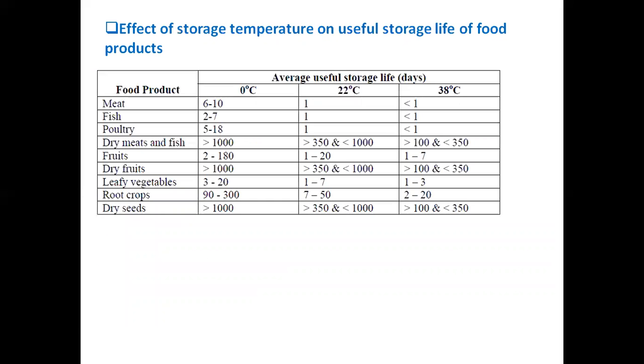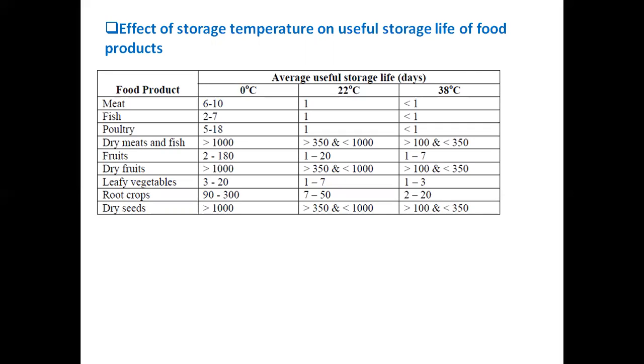So let us see the temperature part, because in refrigeration we are interested more in the refrigeration side. The effect of temperature on the useful storage life of various food products is enlisted in the table.